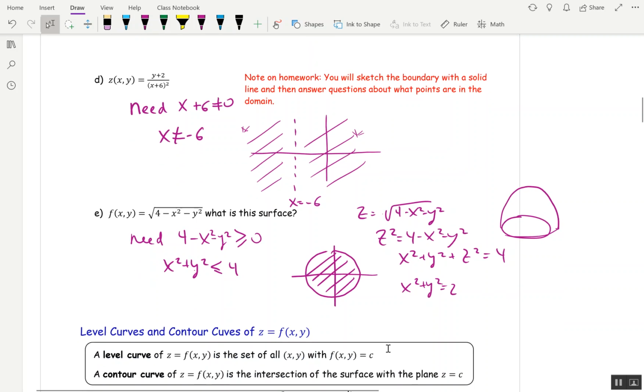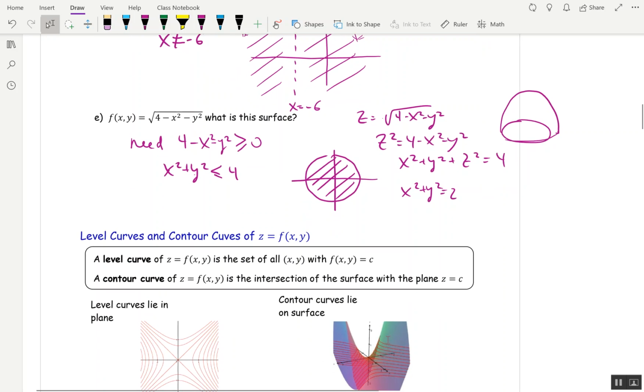Okay, level curves and contour curves. A level curve is the set of all xy where the height of the function is constant. So f of xy is a constant. That's equal to c.